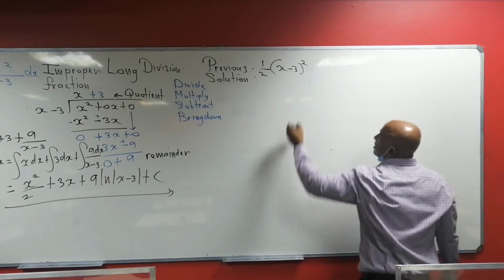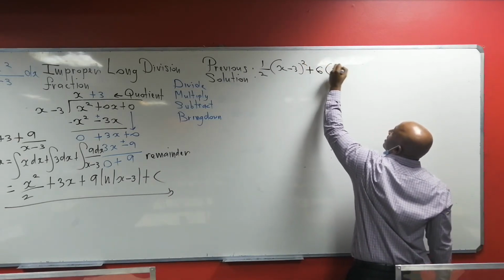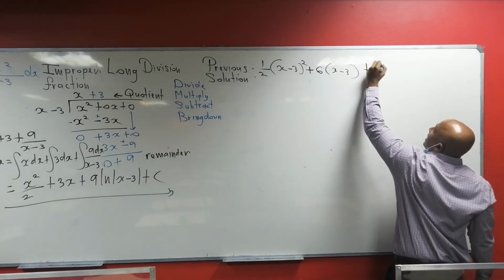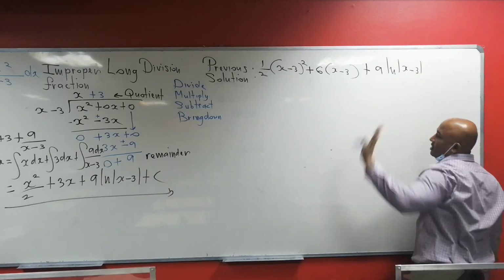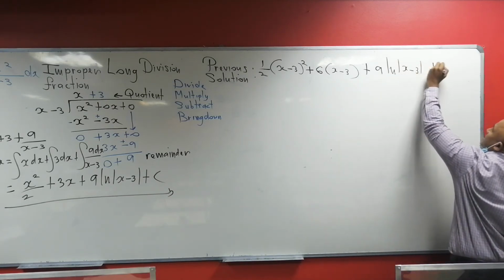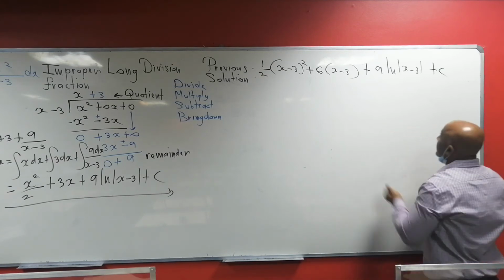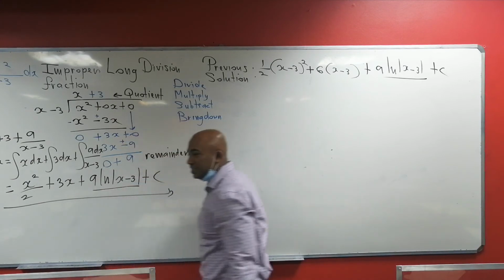Minus 6 plus 6x minus 3 plus 9 ln absolute value of x minus 3 plus c, obviously. So the only thing that matches here at the moment is this here. Can you see that? From the previous solution.